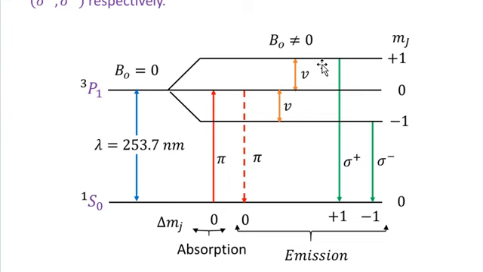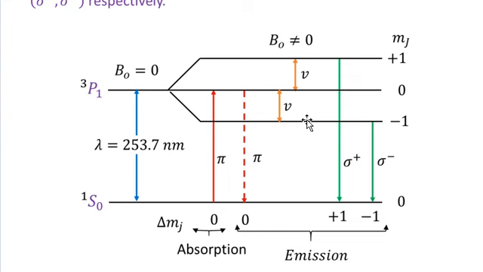Notice that the splitting of states is constant in this case, because this is the case of the ordinary Zeeman effect. In the ordinary Zeeman effect, you know that the spin magnetism is zero, and so the spacing between the levels is the same. Similarly, I have shown the lower level, which is mj equal to minus 1.